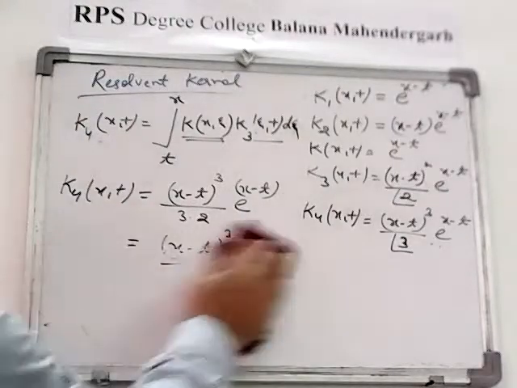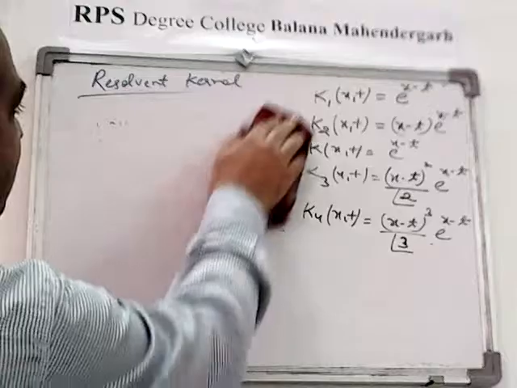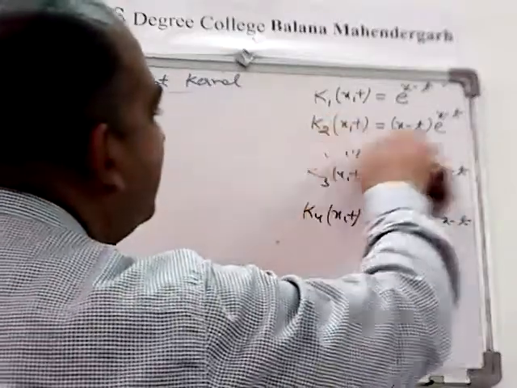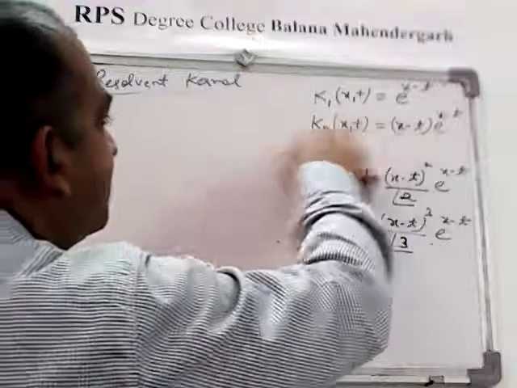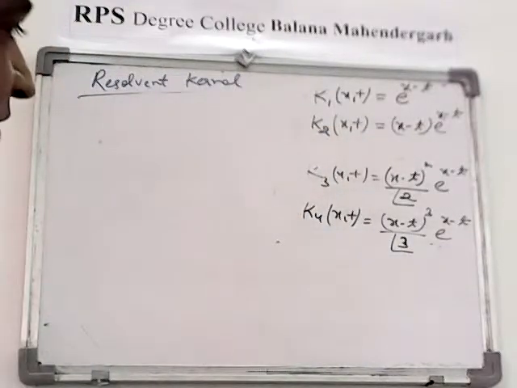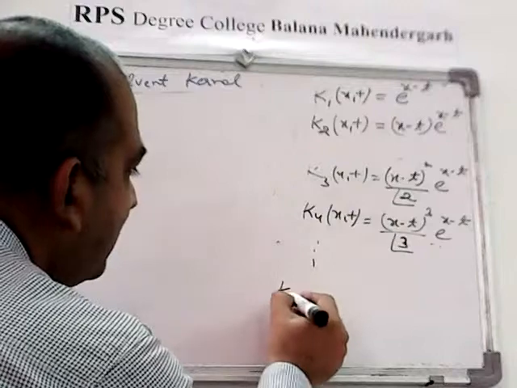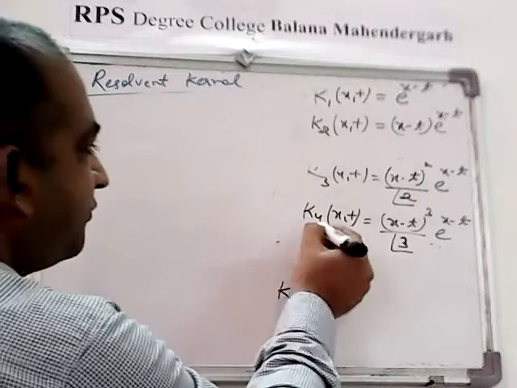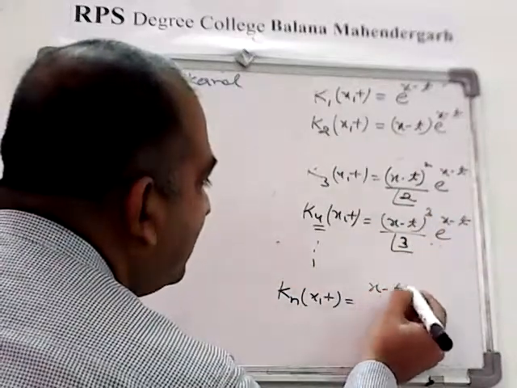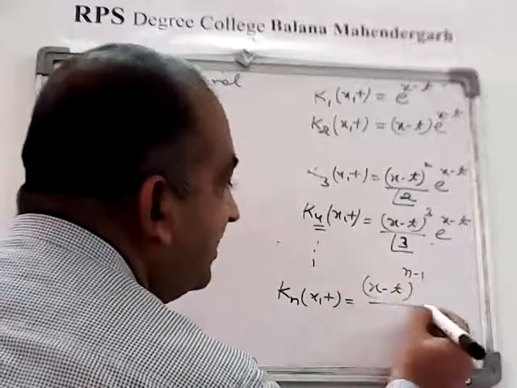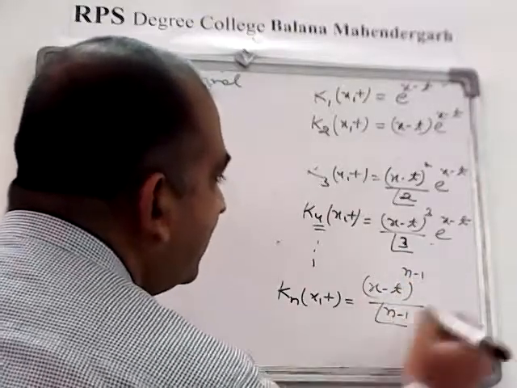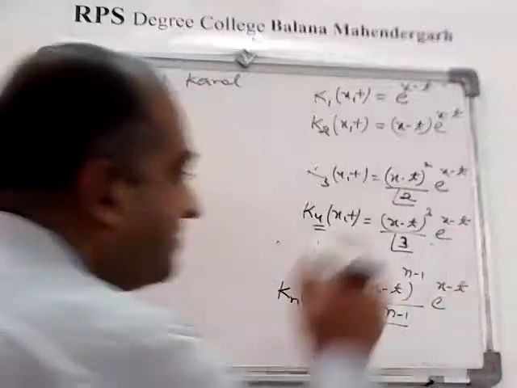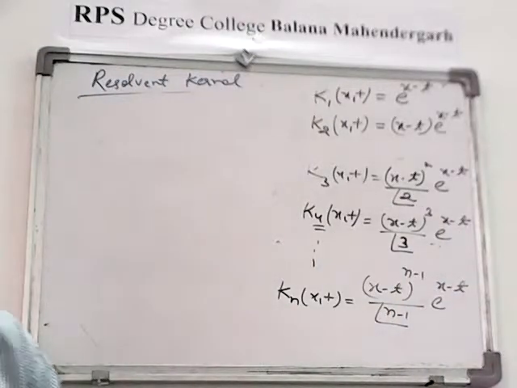So from these equations, from the values of k1, k2, k3, k4, it is quite clear that the value of kn(x, t) will be equal to, in case of 4 we have 3, so we will have (x minus t) raised to power n minus 1 divided by (n minus 1) factorial, then e raised to power x minus t. So all the values of the iterated kernel we have calculated, k1, k2, k3, so on up to kn.